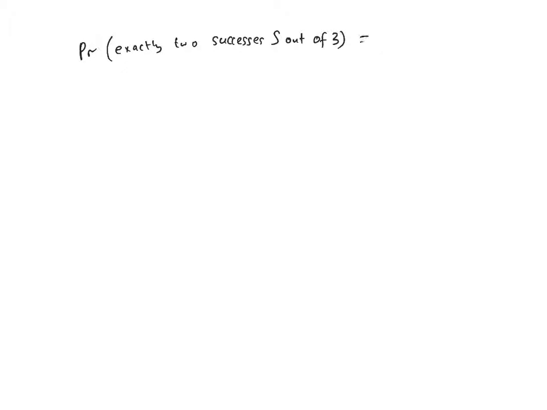And now we could write that as 3 choose 2, the number of ways of choosing the places for the 2 successes out of 3, multiplied by 0.3 probability of success squared, multiplied by 0.7 the probability of failure. And as mathematicians always like to do, we can generalize this.